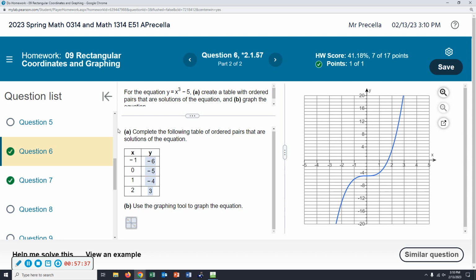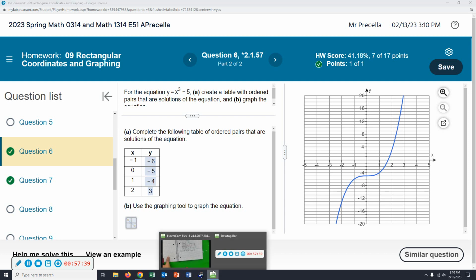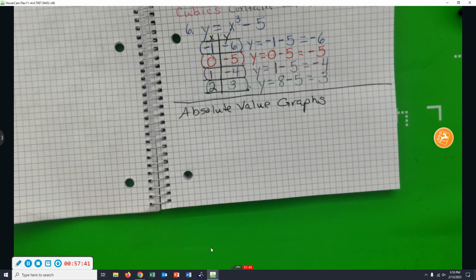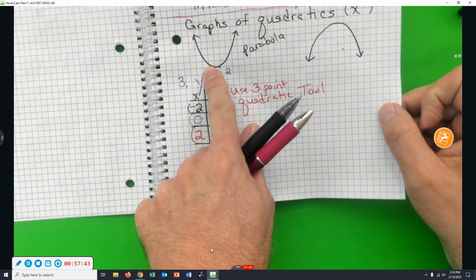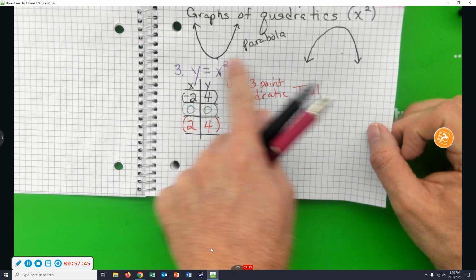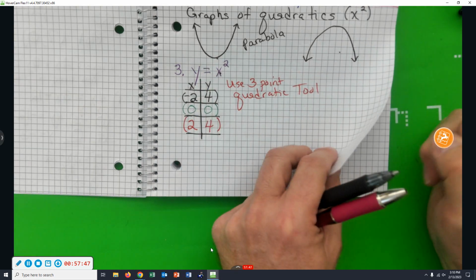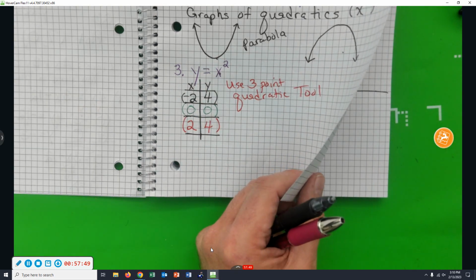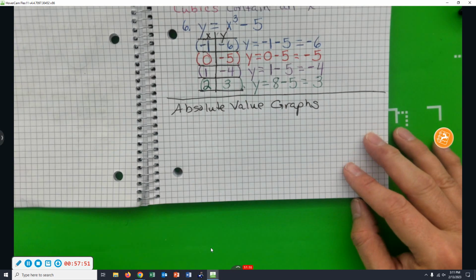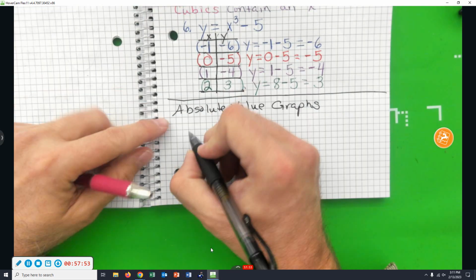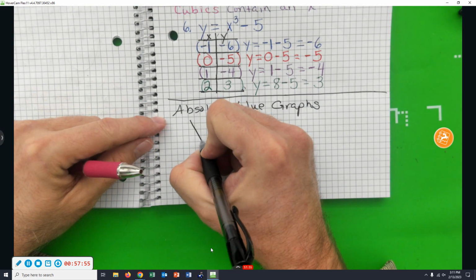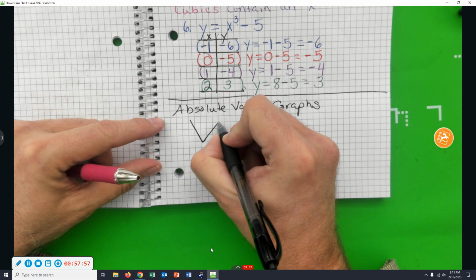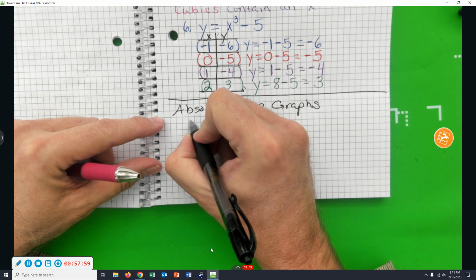If there's an x square, you have these U-shaped figures called parabolas. If you see absolute values in the equation, then the graphs don't have a fancy name, they're just V-shaped graphs.